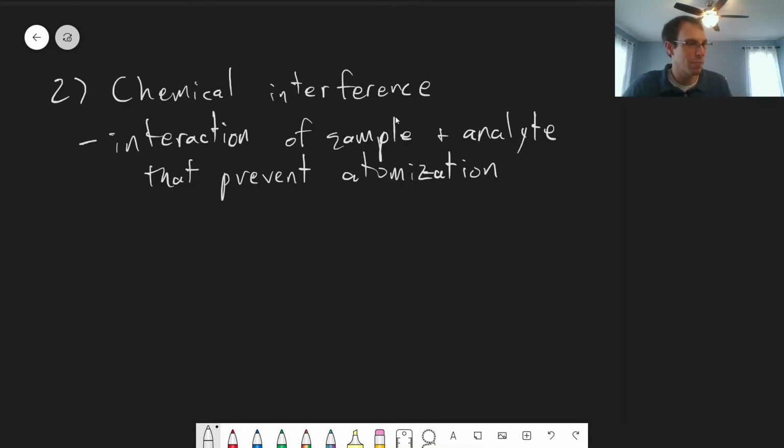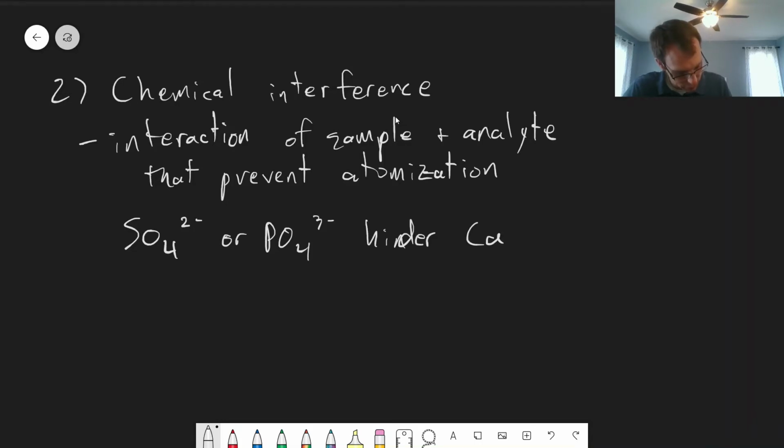So as an example of something like this, sulfate or phosphate will hinder calcium atomization by forming very difficult to atomize solids. I'm not sure the exact process. So what can we do about things like this? Well, we can protect the calcium.